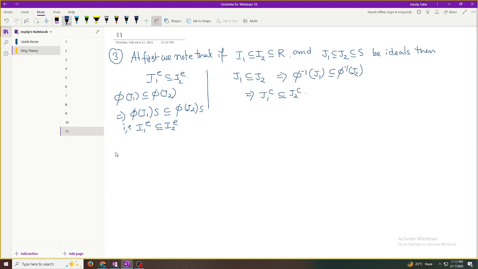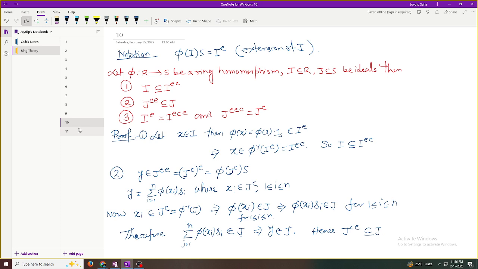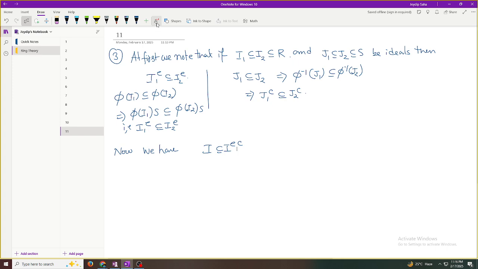Now we have I subset of I extension contraction. I have just proved here I subset of I extension contraction. Therefore, this implies I extension is contained in I extension contraction extension by this result.